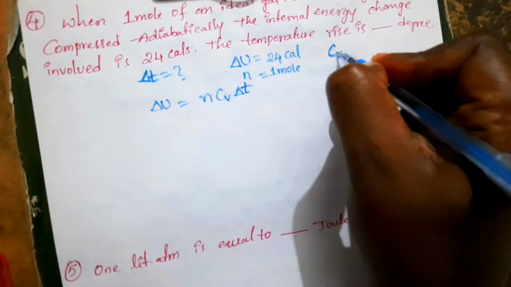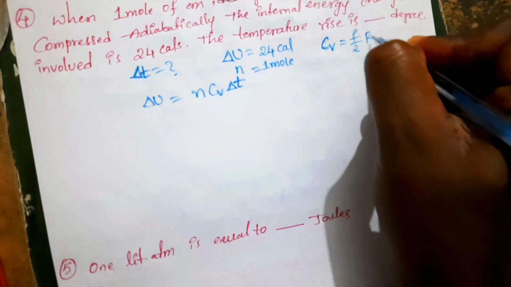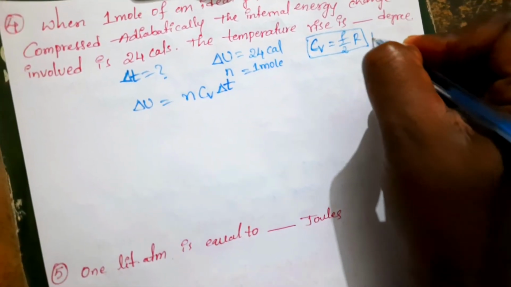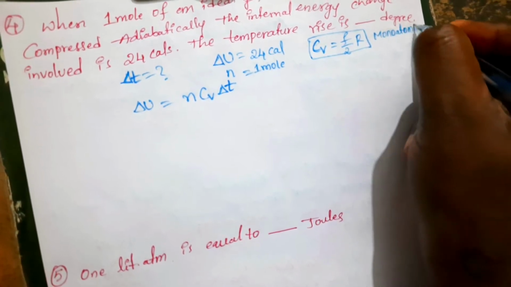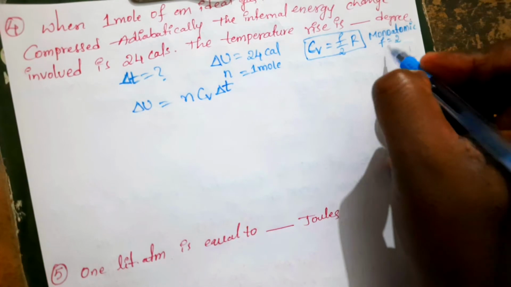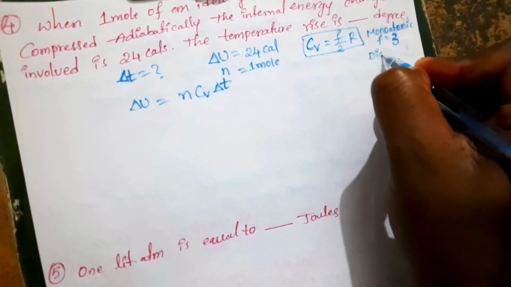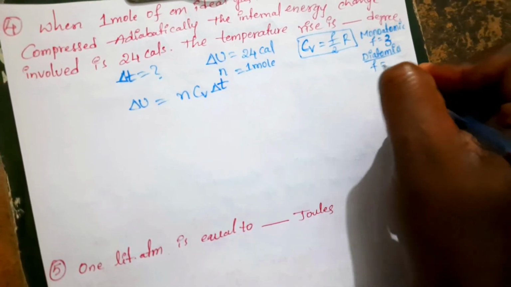Cv for a gas with F degrees of freedom is F by 2 into R. Now, what is F here? Degrees of freedom: for monoatomic gas, F is equal to 3. For diatomic gas, F is equal to 5.